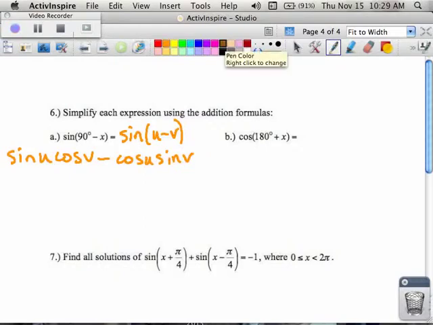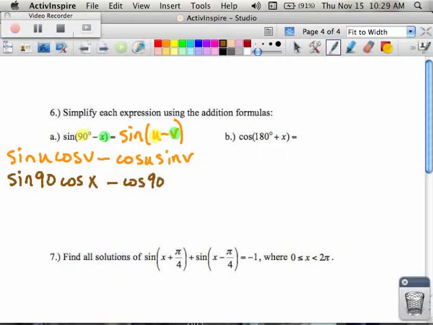If I rewrite that using what I actually see, my 90 is my u and my x is my v. I would rewrite this as the sine of 90 cosine x minus cosine 90 sine x.